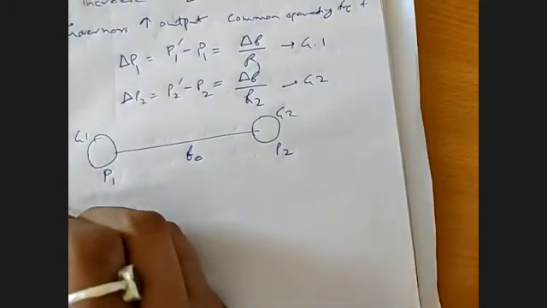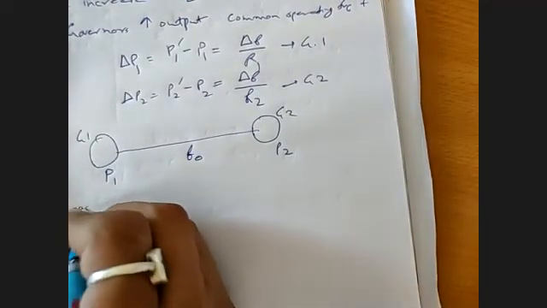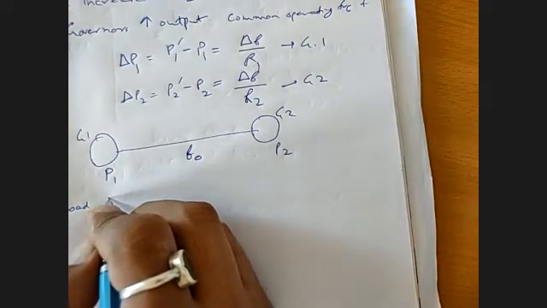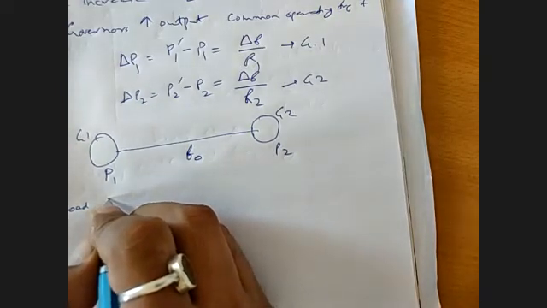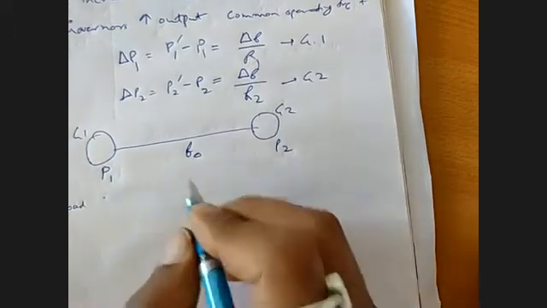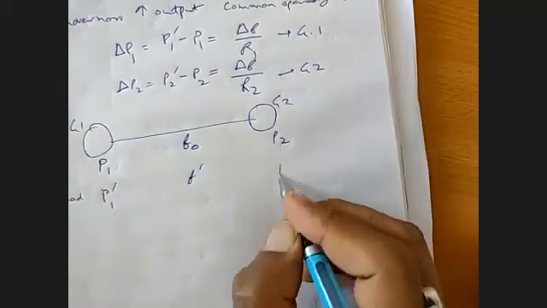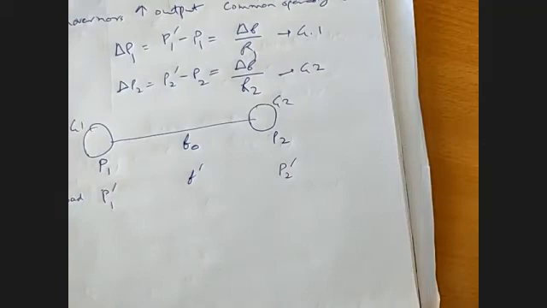Now there is a change in load, and due to that there will be a drop in the speed. That means the frequency of the system drops, the governor operates, and it will be set to F dash, and your power output will be P1 dash and P2 dash.